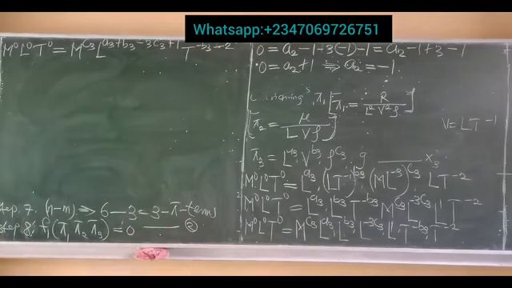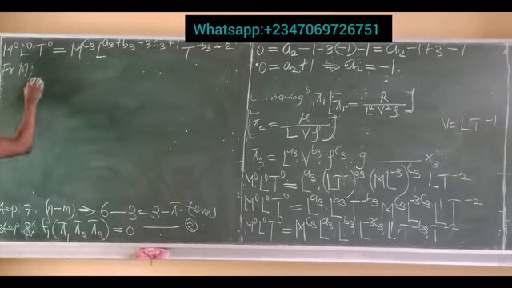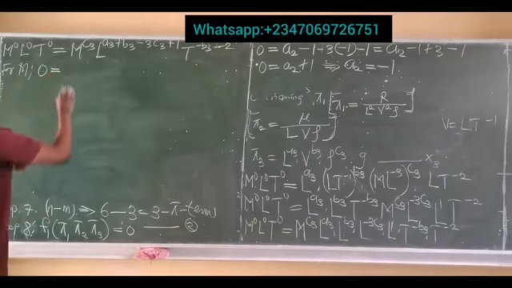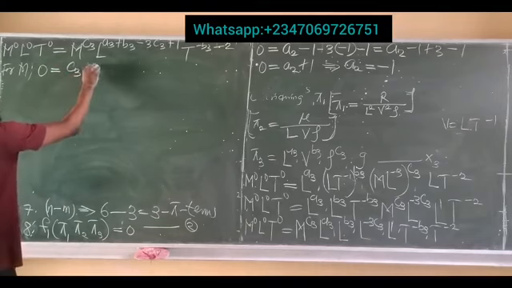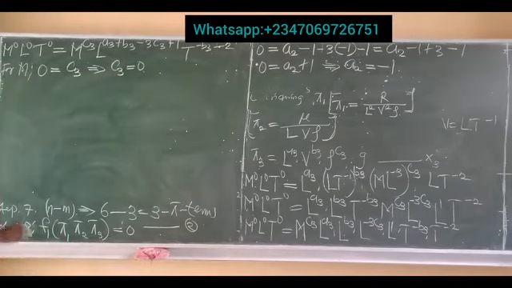From the principle of dimensional homogeneity, the power of the variables on the left-hand side of the equation must be equal to the power of each variable on the right-hand side. So for M, we have 0 equal to the power of M on this side, which is C3. This simply implies that C3 is equal to 0.